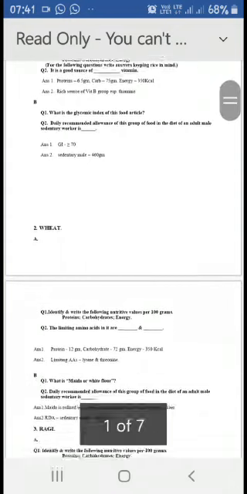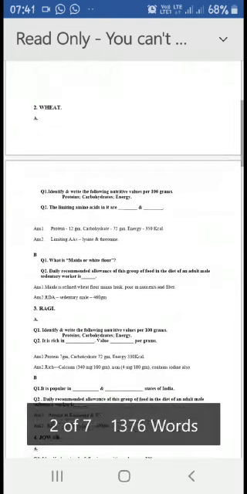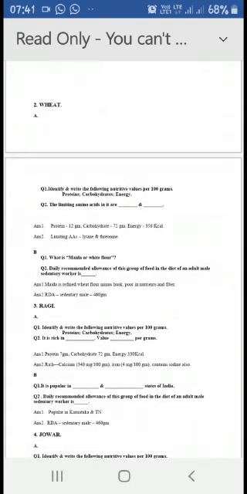Another important group in the cereal group is wheat. What is the difference between wheat and rice? Identify and write the following nutritive values per 100 grams, and the limiting amino acids. Here protein is 12 gram, carbohydrate is 72 gram, energy is 350 kilocalories, and the limiting amino acids are lysine and threonine.